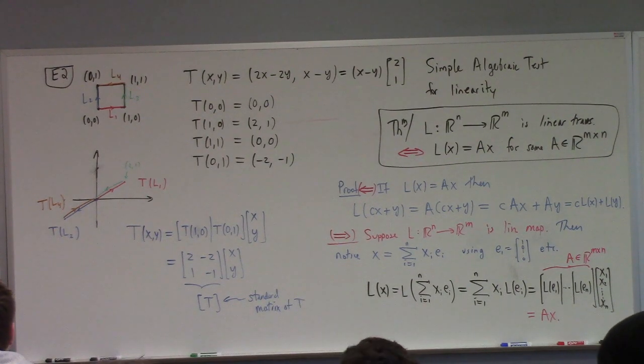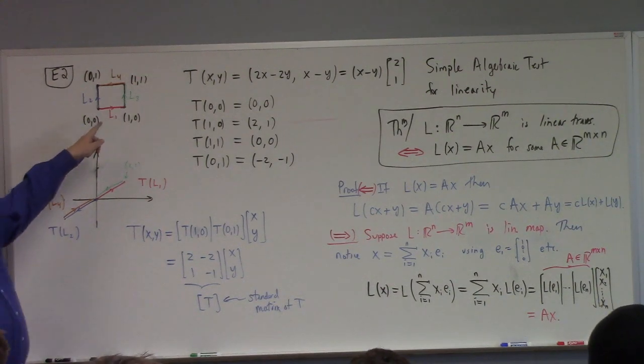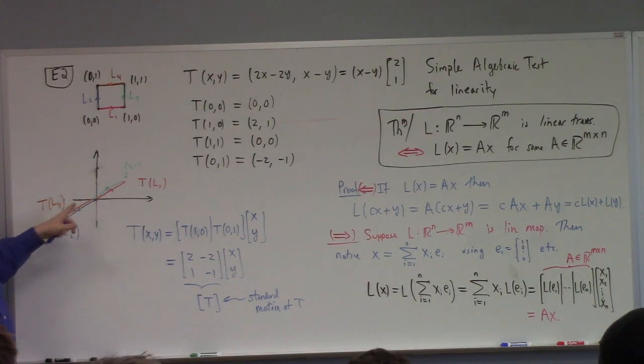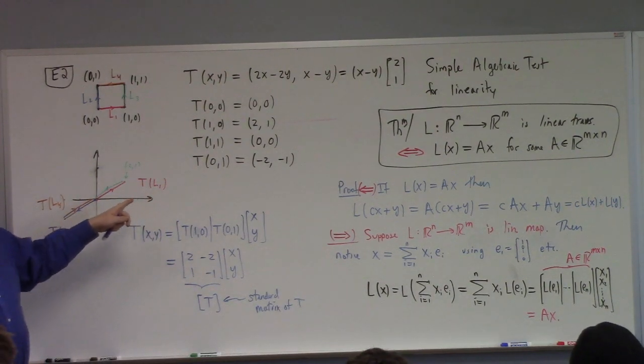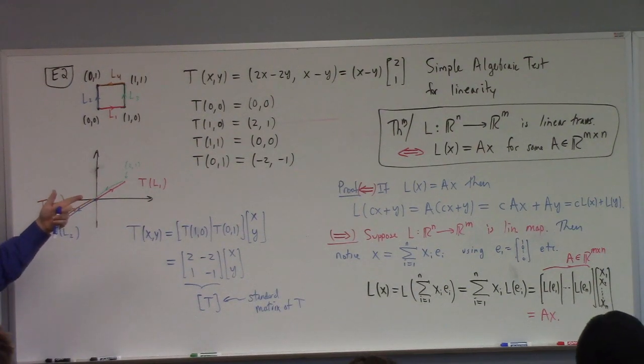By the way, after we gain maturity of understanding about this chapter, we should not be surprised that it squished a box to a line segment. The area of this square is 1. What's the area of a line segment? 0. There's a reason for that.